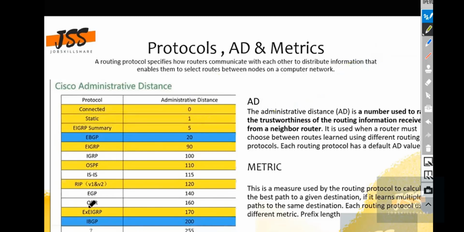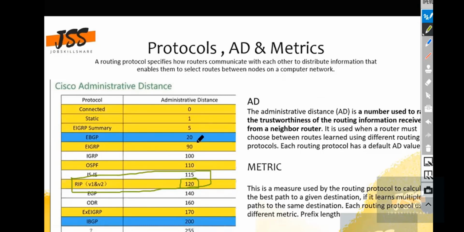Then we have RIP. Well, I always forget RIP here. This is 120. And when we are running the RIP protocol in our environment, this is where the router will choose which one I need to prefer. This is the believability.